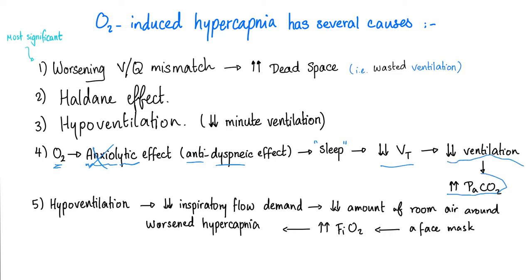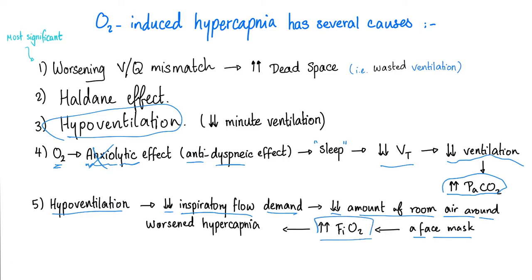This will increase PaCO2, which is the same thing as saying it's a hypoventilation, but in another way. Hypoventilation can also decrease inspiratory flow demand, which will decrease the amount of room air around a face mask or a nasal cannula, which will increase FiO2, which is the percentage of oxygen in the atmosphere. This will worsen the hypercapnia. Again, 5 and 4 are basically subtypes of hypoventilation.